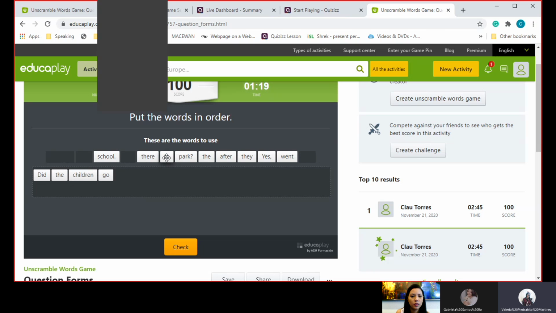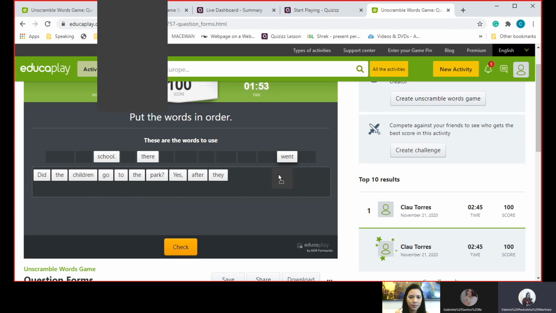Ah, pero el park es el que tiene el signo de pregunta. Yes, the question mark. Go to the park. Then the answer. Yes. After they went. After they went. Ah, falta el there. No lo había visto.